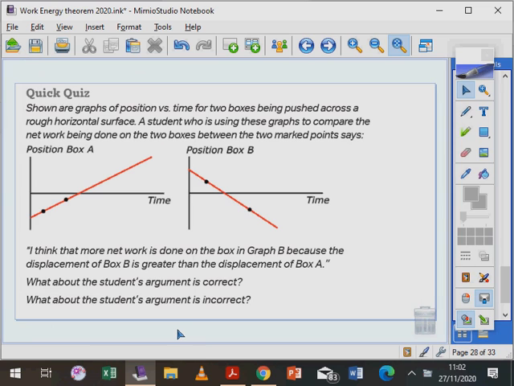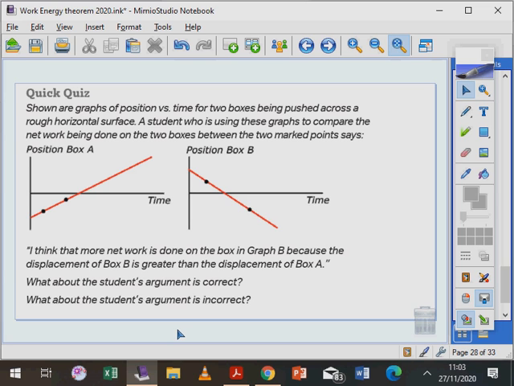What about the student's argument is correct? The graph position. What is correct about this student's argument?